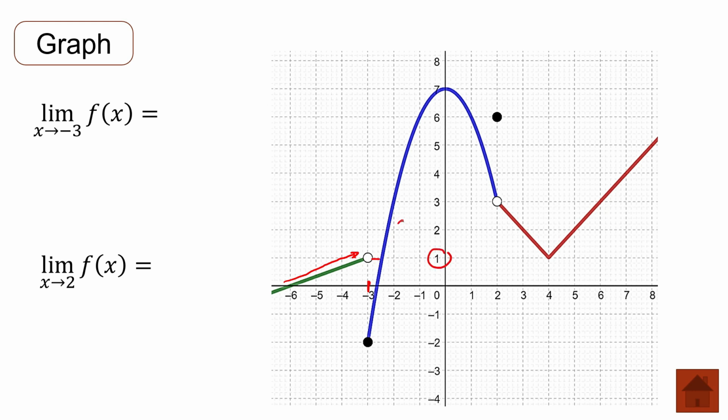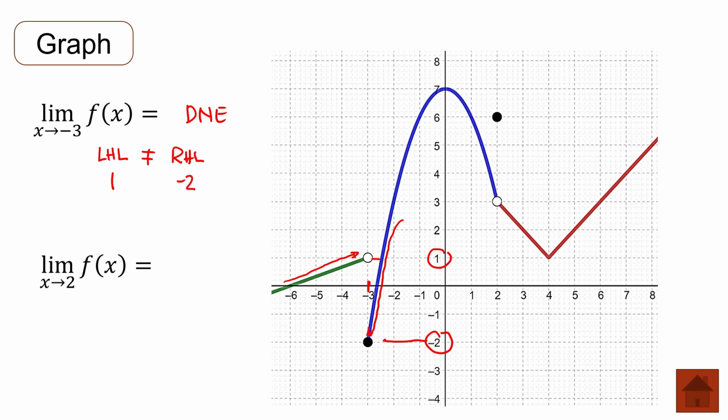And then the right hand limit is this side of the graph, and it's approaching negative 2. So since the left hand limit, which is 1, is not equal to the right hand limit, which is negative 2, the limit of this function as x approaches negative 3 does not exist.